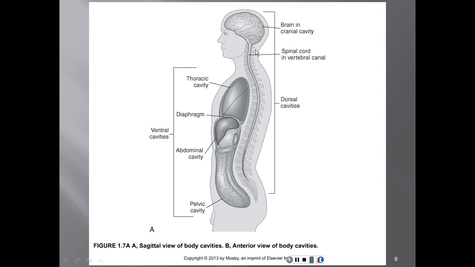The dorsal cavity is pretty much the spine and is located in the posterior aspect of the body. The body consists of two main cavities, the dorsal and ventral cavities. The abdominal cavity can be subdivided into the abdominal pelvic cavities. Remember that. The structures located in each cavity are listed in table 1.4.